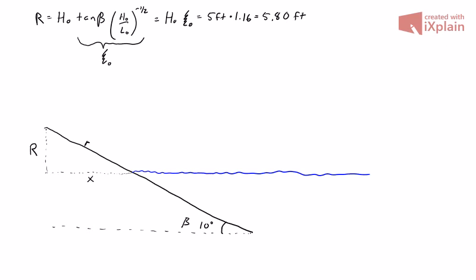And then if you want to get the horizontal distance that it's traveled, or that tangential distance that it went along the sand, you can get that using trigonometry, since you know that beach angle beta, and you know one of the sides of your right triangle, you can use sine or cosine or tangent or whatever you need to in order to get the other sides of that triangle.